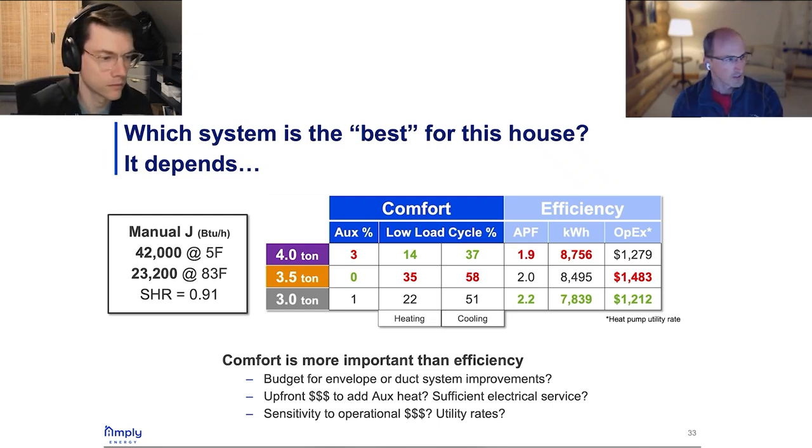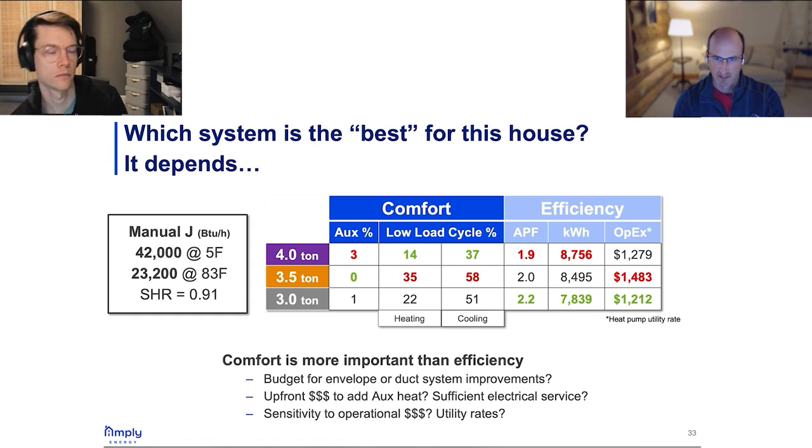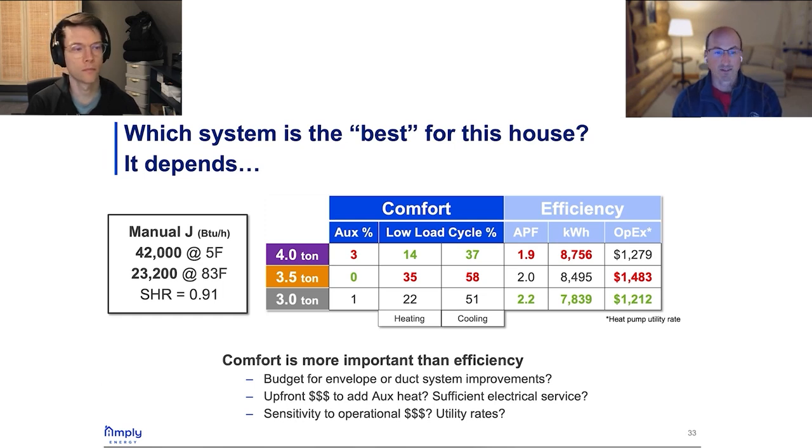The local utility is going to take 6 months to do a service upgrade to get them to 200 amps. Or the homeowner just doesn't have budget for that extra several $1,000s to put in the heat kit. And so if that's a constraint you're up against, maybe that 3.5-ton unit is actually the quote-unquote best system for this house because it doesn't require any auxiliary heat.